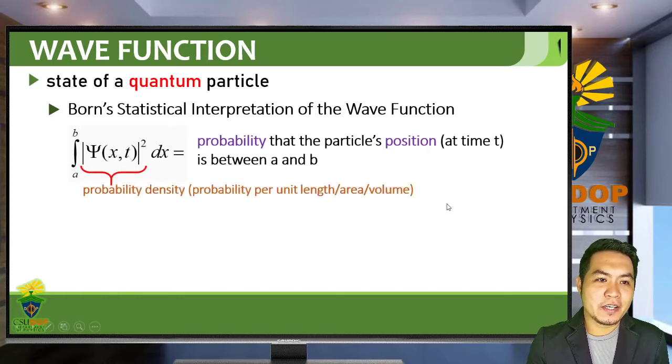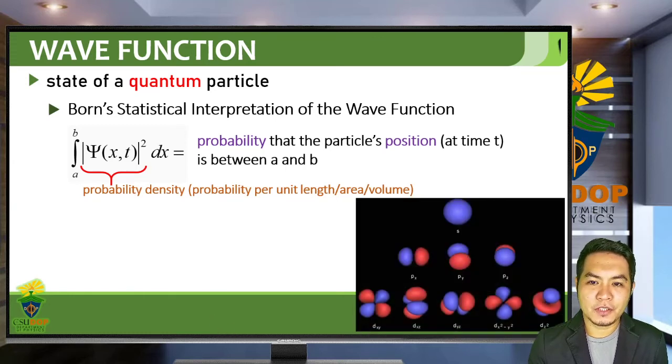The integrand here, the absolute value of our wave function squared, is what we call the probability density. In this case, this is probability per unit length. But if you have two dimensions, it becomes probability per unit area. Or in 3 dimensions, it's probability per unit volume. So if you plot the probability density as a function of, say, 3-dimensional position, you will actually get the atomic orbitals.